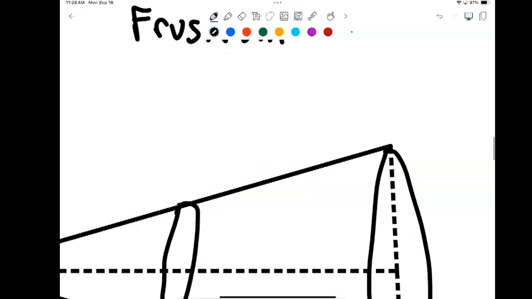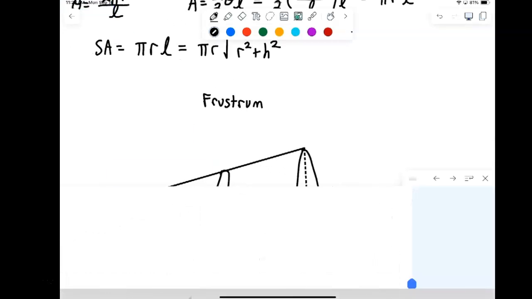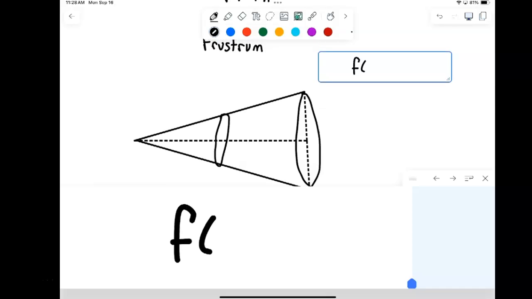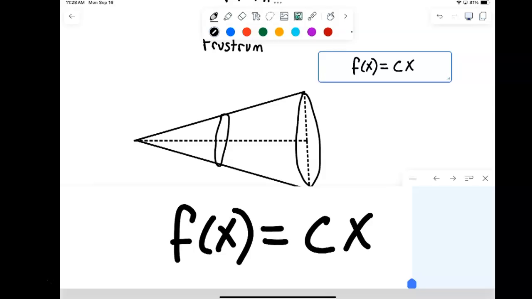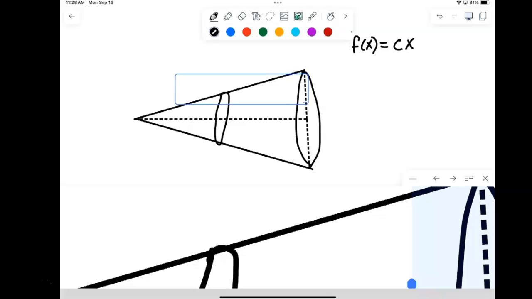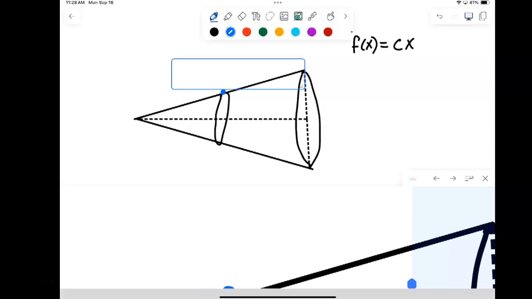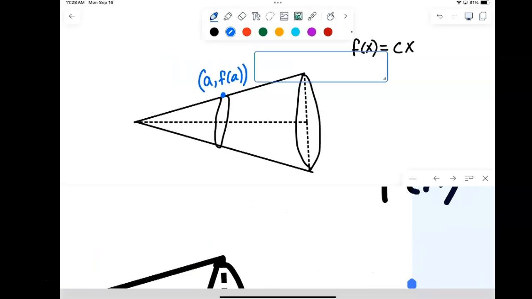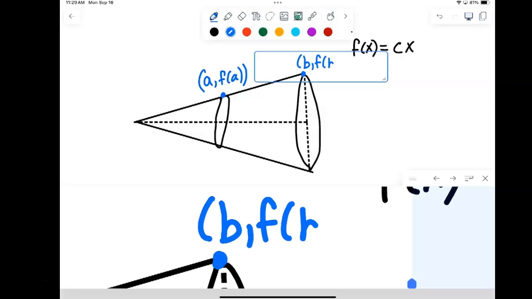We can even put the tip of it at 0, 0, so that the cone is generated by some straight line with slope c. Then we have two points we want to mark: the bottom point for the small cone, which is A, f of A, and over here the bottom point for the big cone, which is B, f of B.